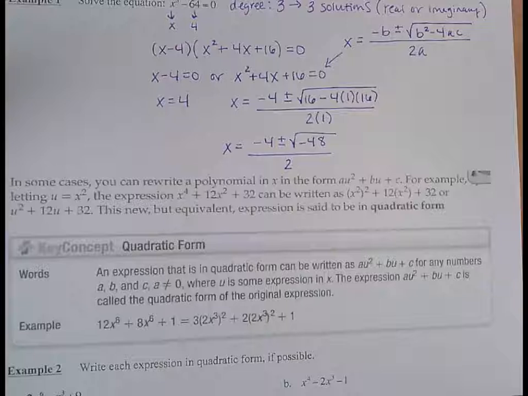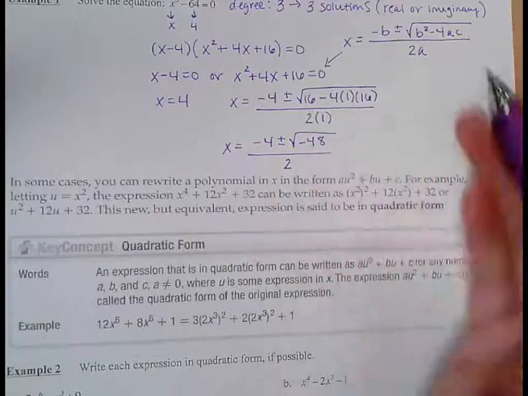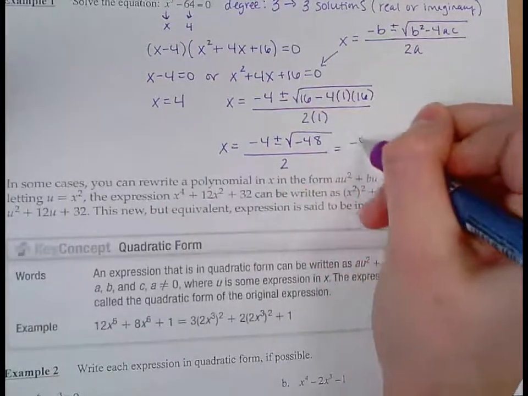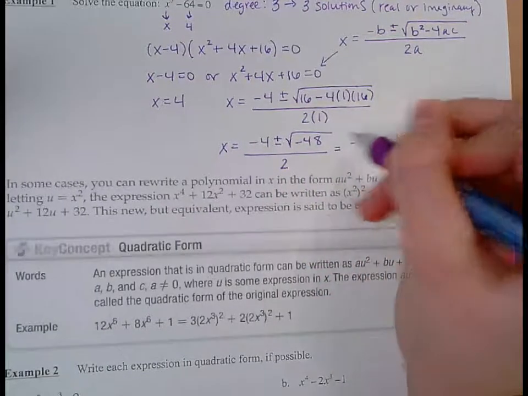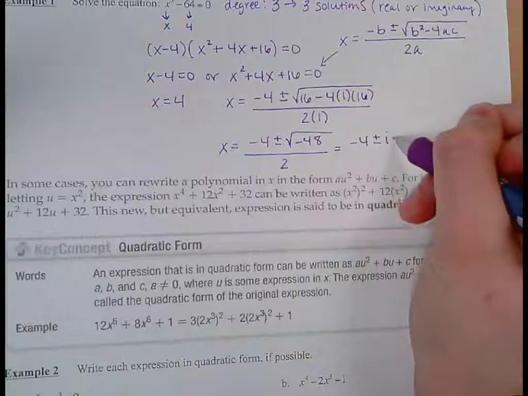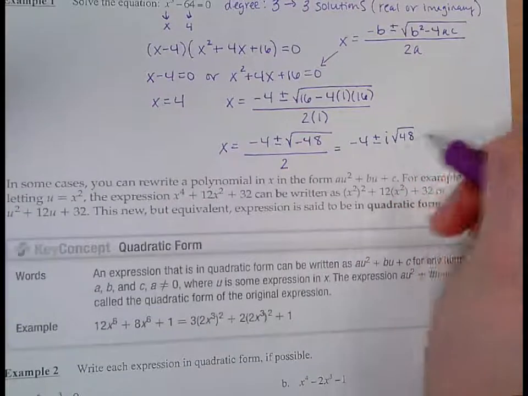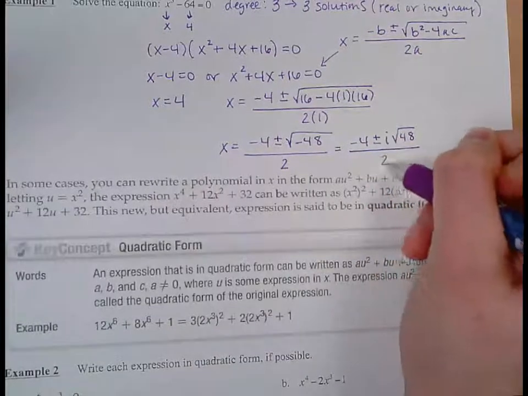Now, I have the square root of a negative, which means what? It's imaginary, so I need to take the i out of it. You don't want to leave a negative in a square root. So this is negative 4 plus or minus, and I can write this as i times the square root of positive 48 all over 2.